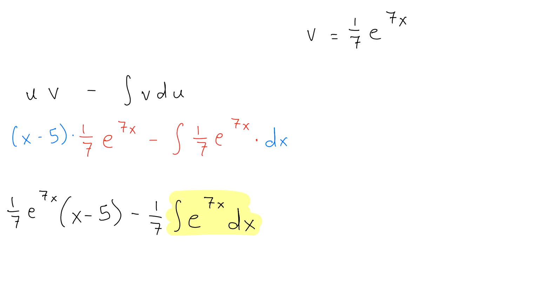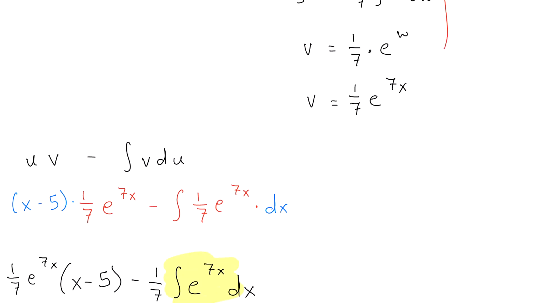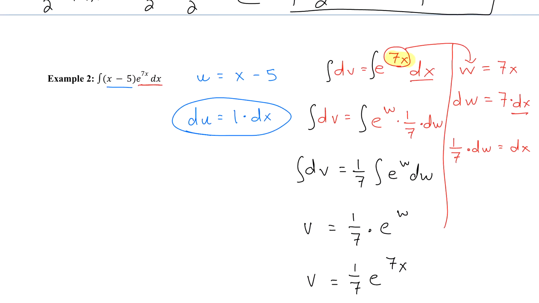Now, I'm going to run into a slight problem here again because of this 7x. I need to use substitution, but if you'll notice, hey, I want to integrate e to the 7x power dx. Well, shoot, that was what we did up here, way the heck up here. We did that with that e to the 7x power dx.